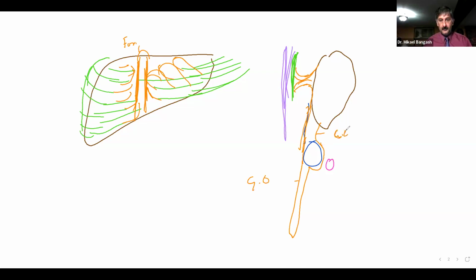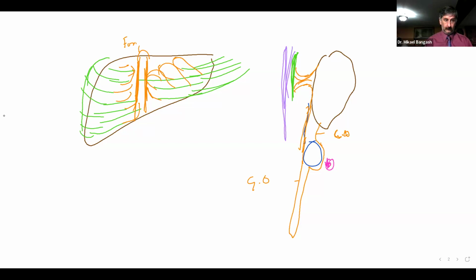This is the lesser omentum. But all this is your pancreas. So for your pancreas, it's only the anterior surface of the pancreas that has some relation to the peritoneum.